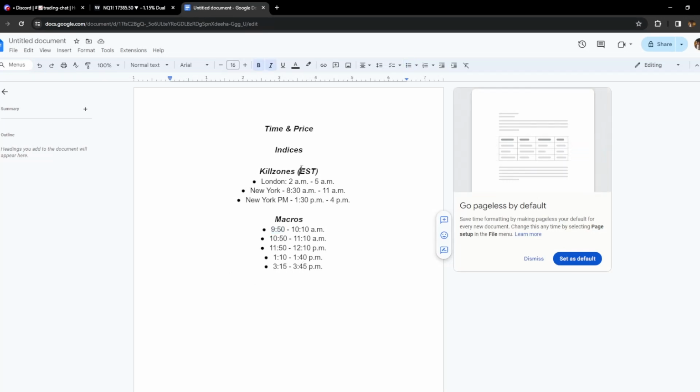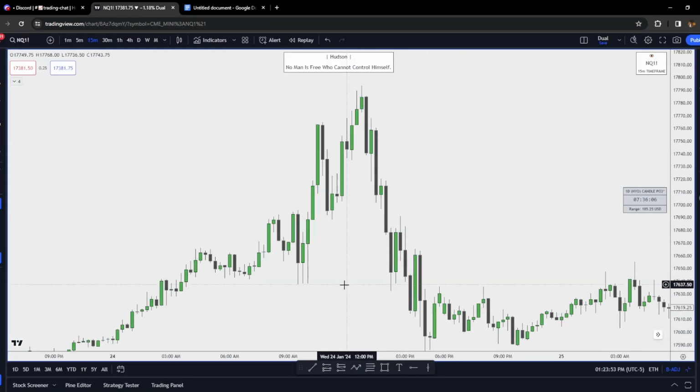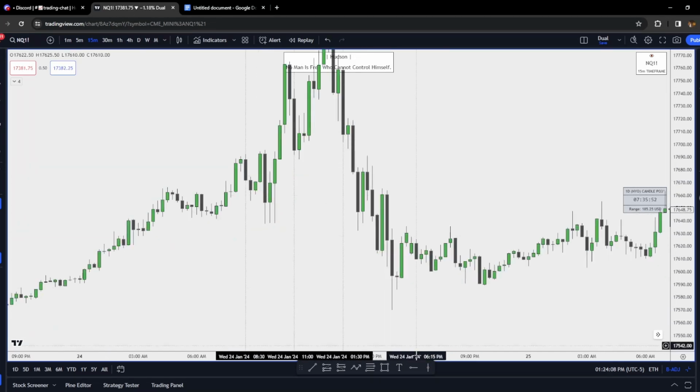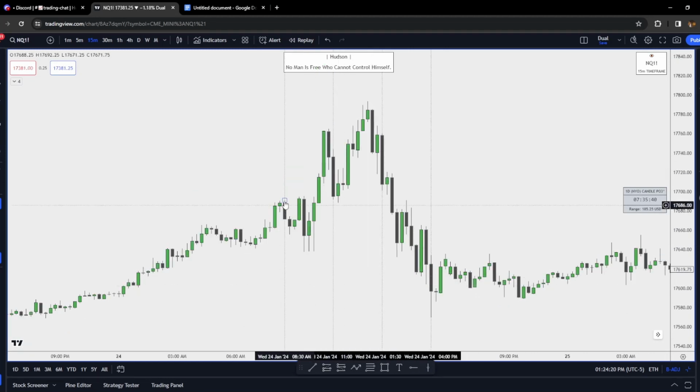So let's go into the charts and see what time some moves occur. So here we are on NASDAQ. Right here, I'm going to mark out 8:30, this vertical line to 11, 8:30 to 11. And then 1:30 to 4. Okay, so here we are at 8:30. What do we see here?